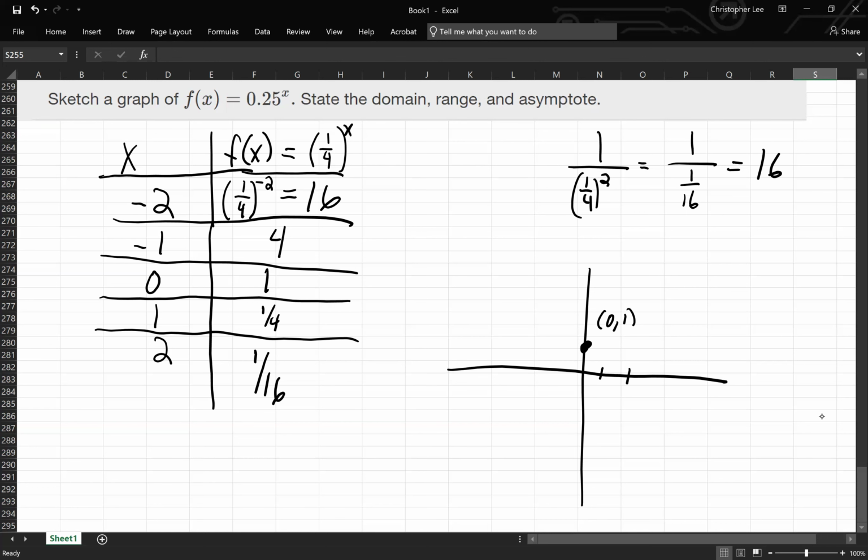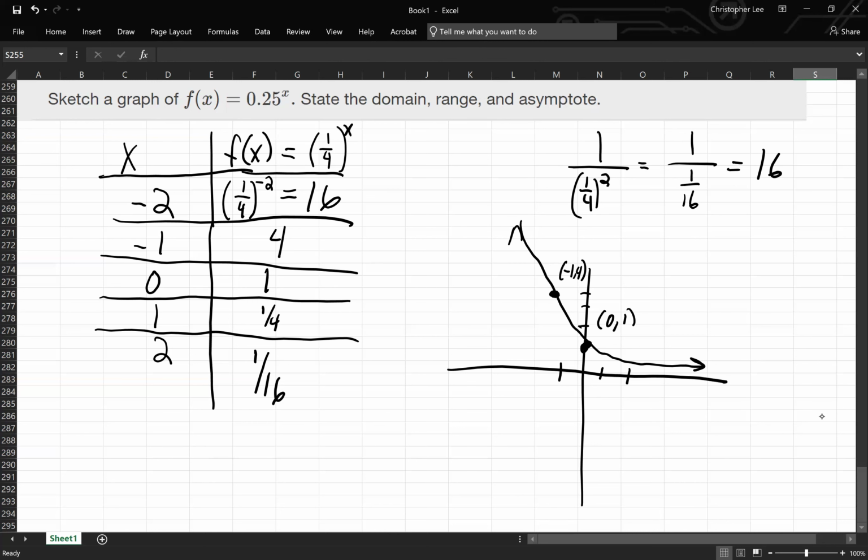All right. -1, there goes -1, it's +4. So that's 1, 2, 3, 4. -1 is +4. Boom. So I could keep going, but from this, I can tell that my graph is going to look like this. It's going to come down and go across like that. And that's it in a nutshell.